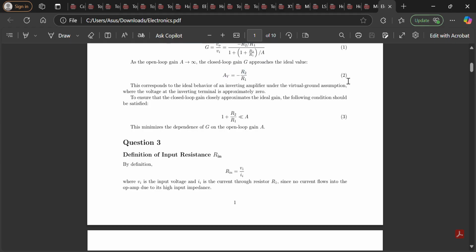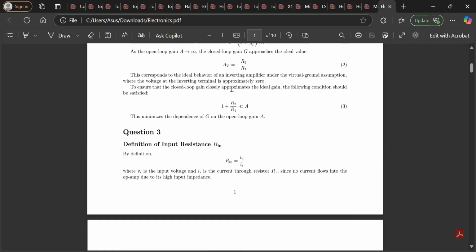So AV is equal to minus R2 over R1. But if A is finite, the amplifier won't reach this ideal gain, unless this equation. Also, this minimizes the dependence of G on the open loop gain A.